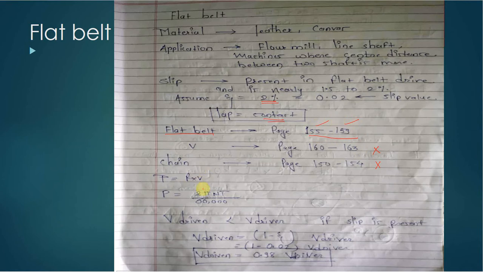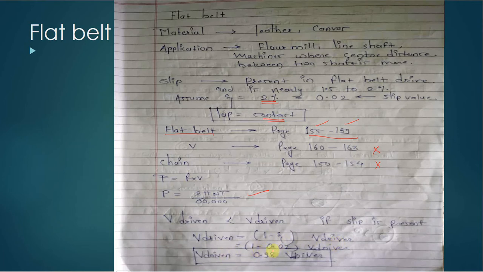Here remember some formulas. P equal to 2 pi N T divided by 60,000. Remember this formula. So V driven is less than V driver if slip is present. So here some mathematical expression. V driven equal to 1 minus slip multiplied by V driver. So here the slip is 0.02. We are assuming this value.